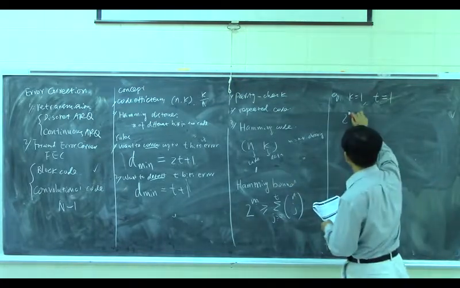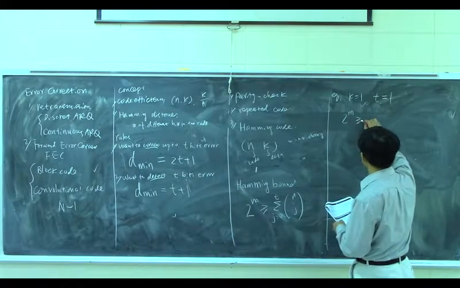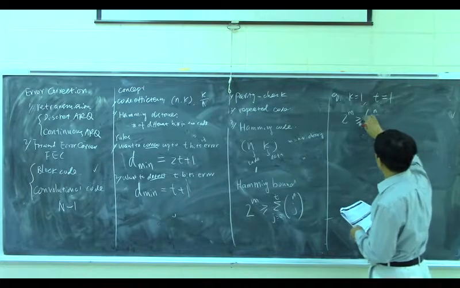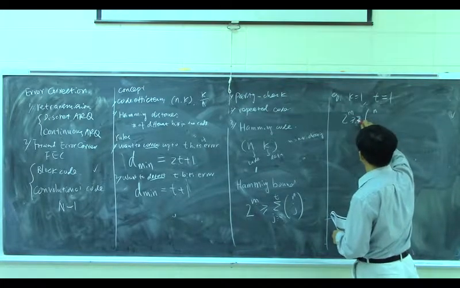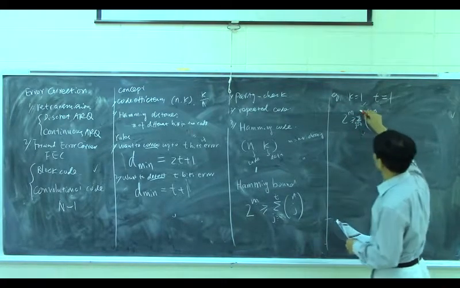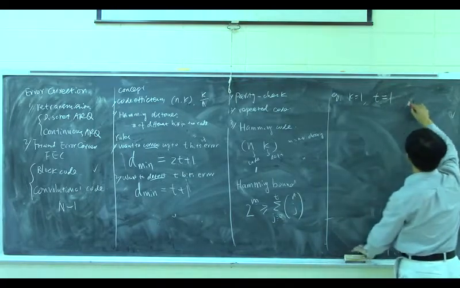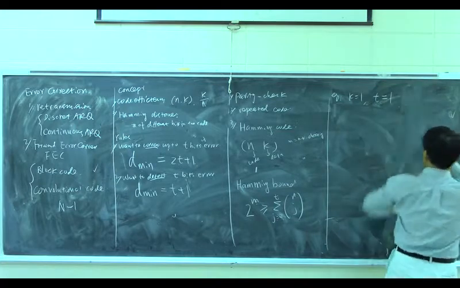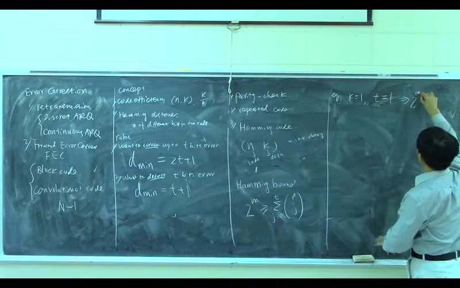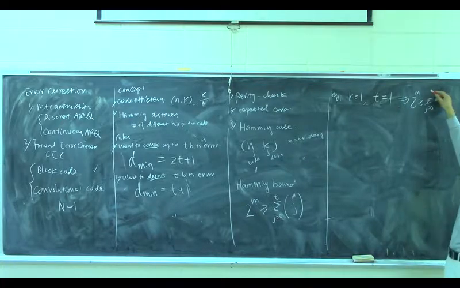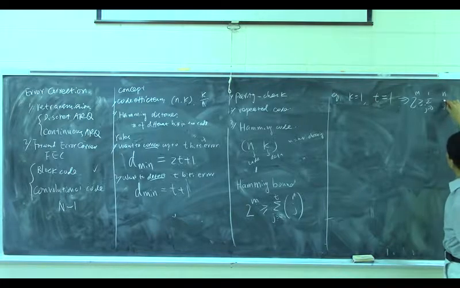So 2 to the m must be greater than or equal to the sum from j equals 0 to 1 of n choose j.